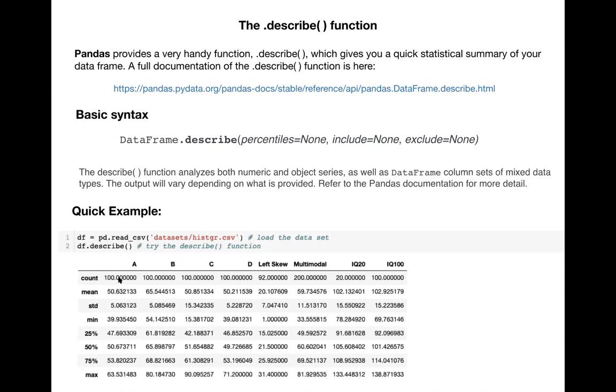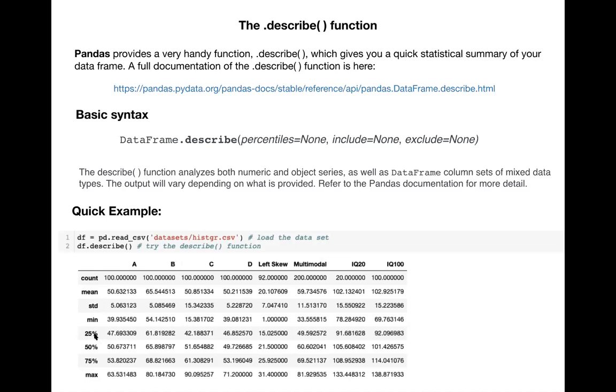So count is how many data points there are, then mean, median, standard deviation of the data set, and these are the 25th percentile from the data sets.